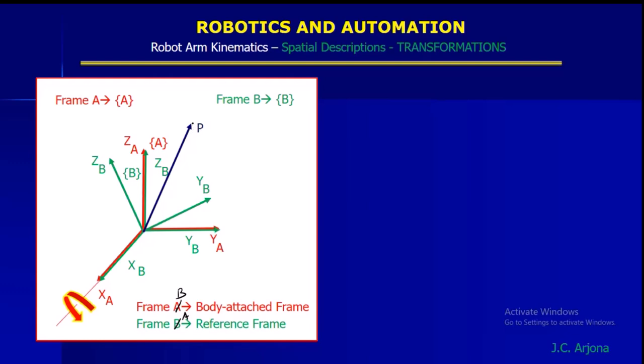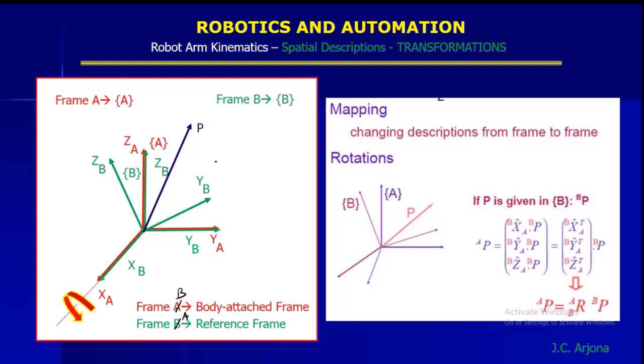Here is the vector of the point P in question, this one. So here it is. As I discussed earlier, to determine the final position, you need the R and multiply that with the P to B.